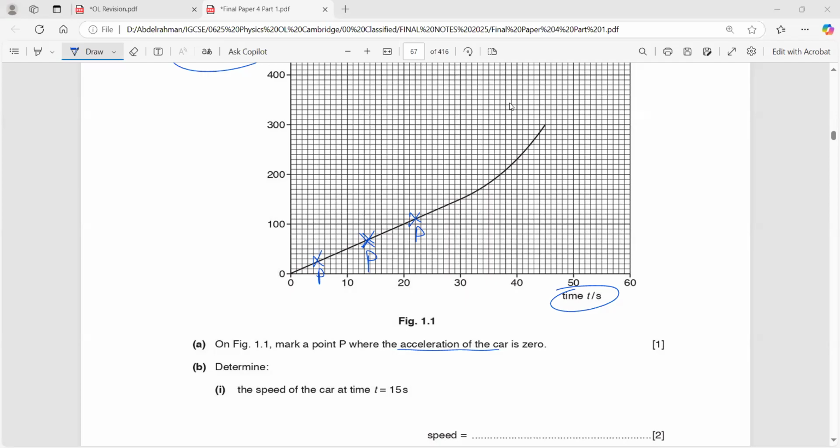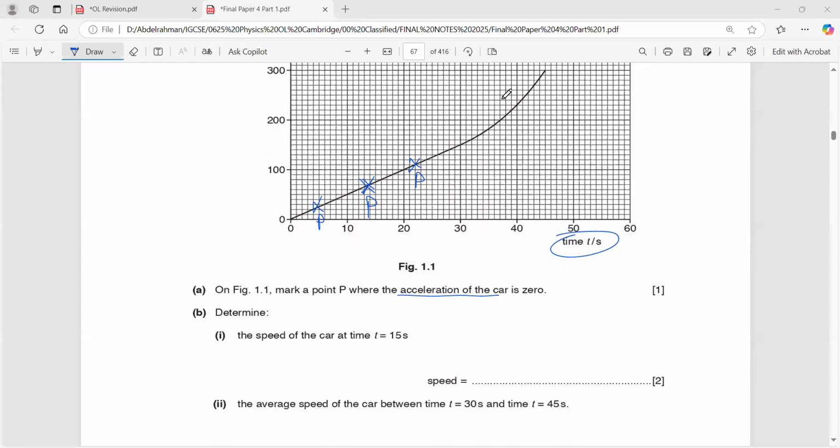Determine the speed of the car at time 15. How can I find the speed? I need to find the slope at time 15. If you draw a line, the slope is y2 minus y1 over x2 minus x1. You can take the initial point to be 0 and 0.